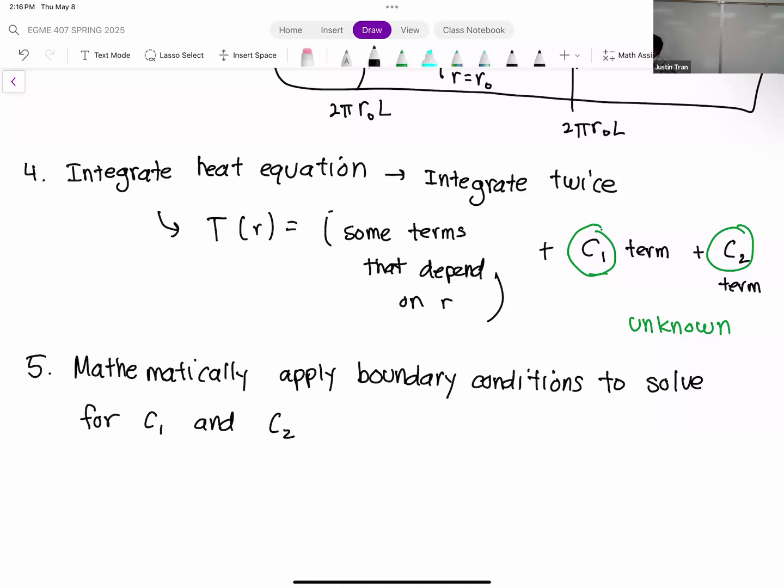When it's laminar, do we have to make an assumption? Yeah, you do.